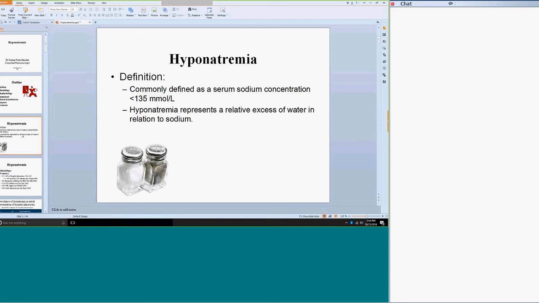Hyponatremia by definition is a low sodium level. Most labs use 135 as the lower end of normal, so a sodium of less than 135 would be hyponatremia. The concept to understand is that hyponatremia is not just low sodium levels, but an excess of water in relation to sodium in our body.